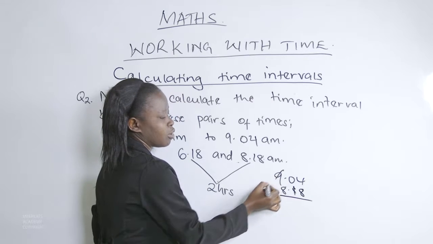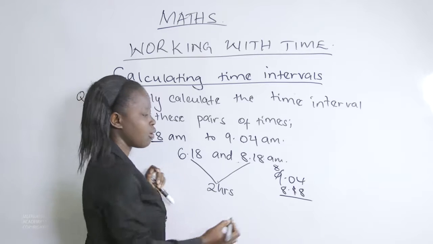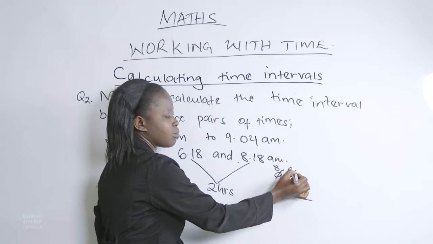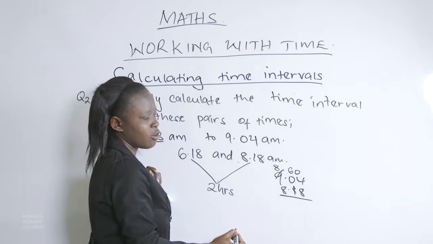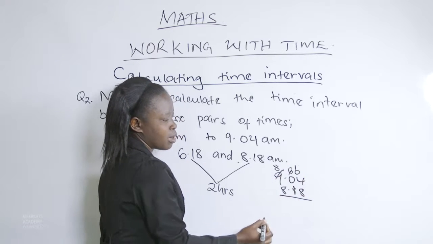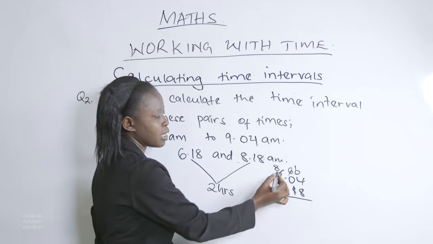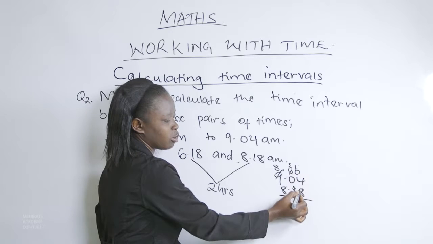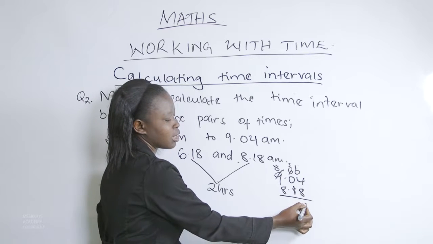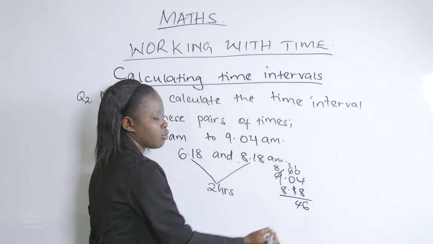When we subtract, I borrow 1 from the 9 hours, and I'm left with 8 hours. So that these are 60 minutes. 60 plus 4, that is 64. So I'll have 64 minus 18. 64 minus 18, this means that I have 14 minus 8, which is 6. Then 5 minus 1, we have 4.